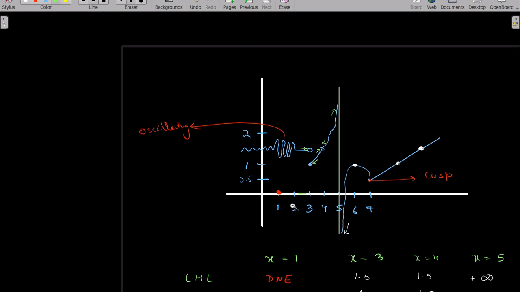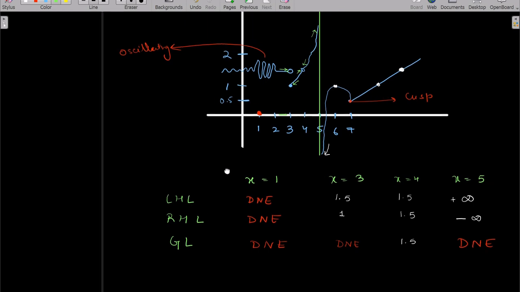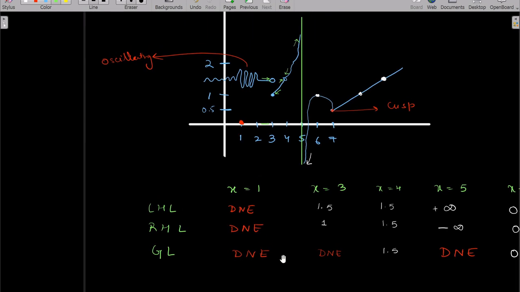These are all the possible cases that you could get on a graph when you have to find the limit of a function. You'll either get an oscillating function, or a discontinuous function, or there will be an asymptote, or a cusp. Okay?